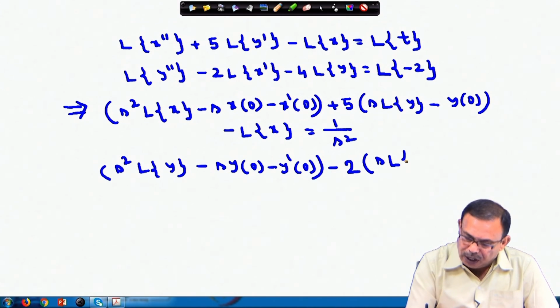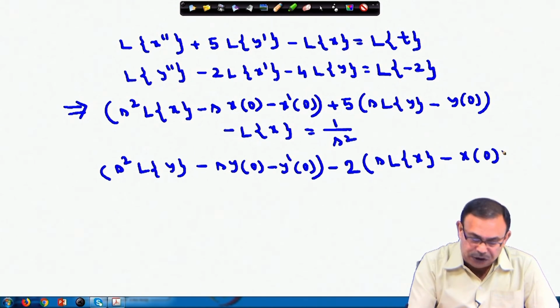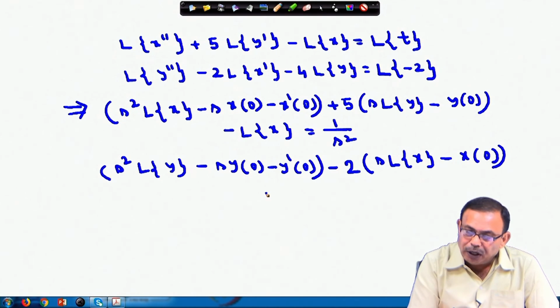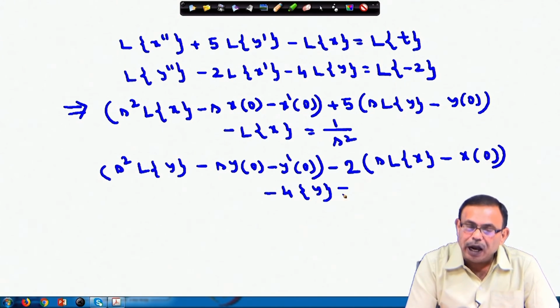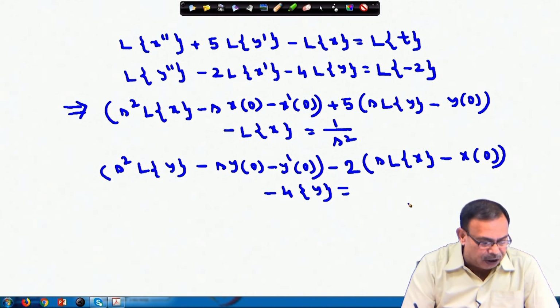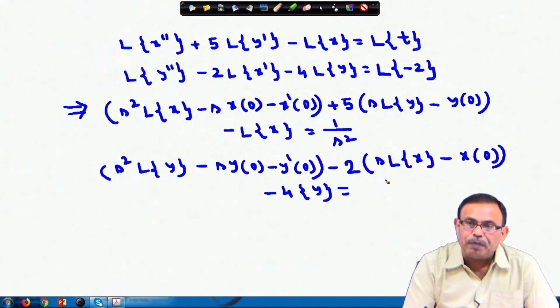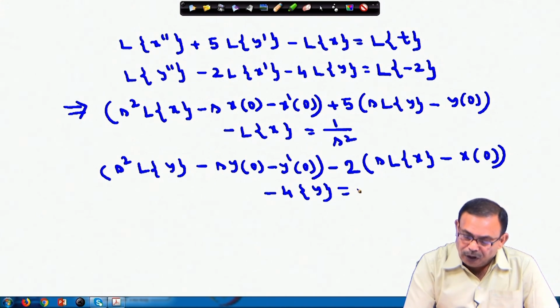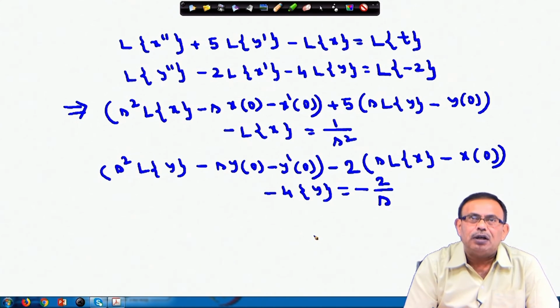So, s into Laplace transform of x minus x 0, and I will obtain minus 4 into Laplace transform of y, and this equals Laplace transform of minus 2. Laplace transform of 1 is 1 by s, so you will get the value as minus 2 by s.